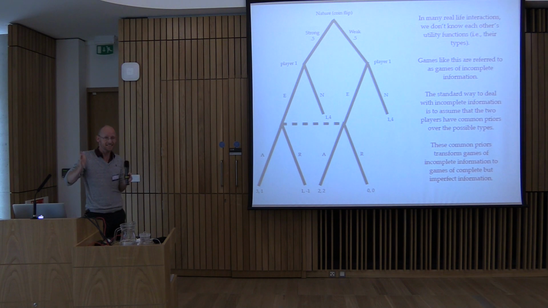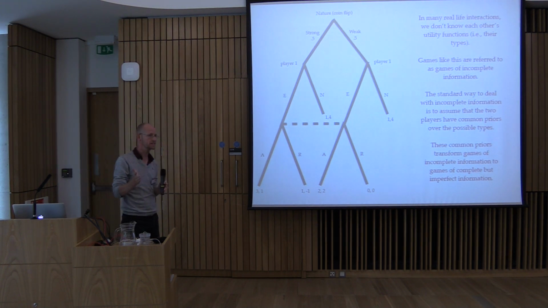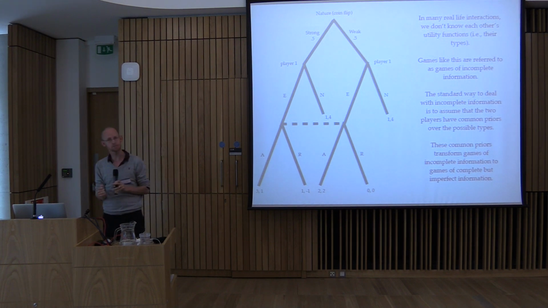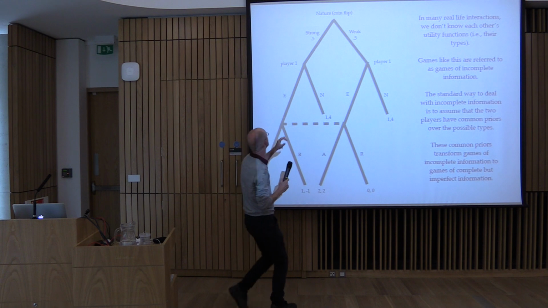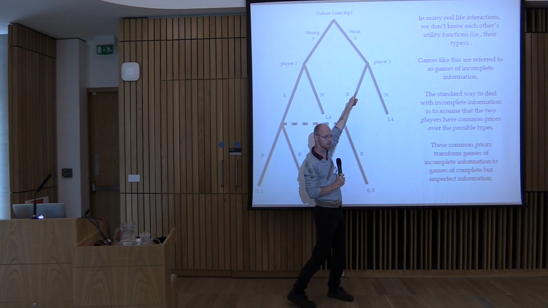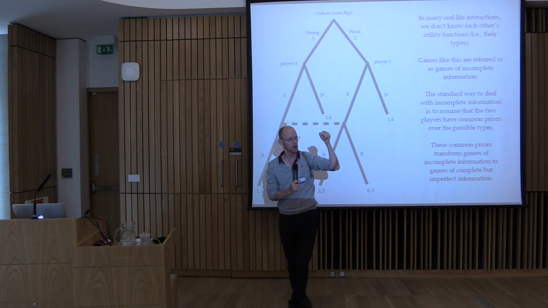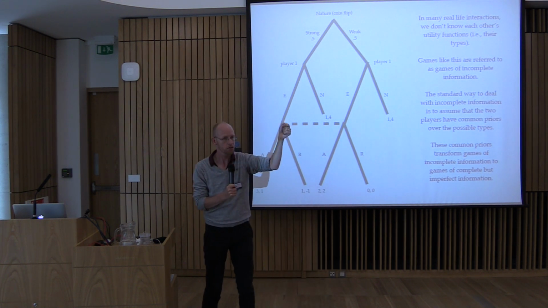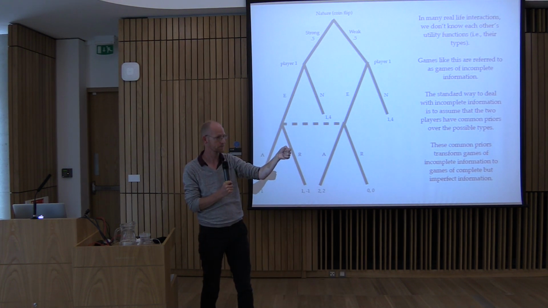However, in that case, game theorists cannot analyze the game. So it's over, right? But we still want to analyze the game, so what do we do? We say, okay, I don't know whether we're in the strong or the weak position, but I have a guess on what the third player is doing, namely nature.